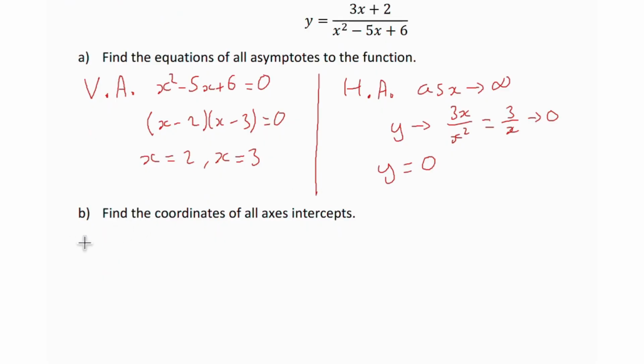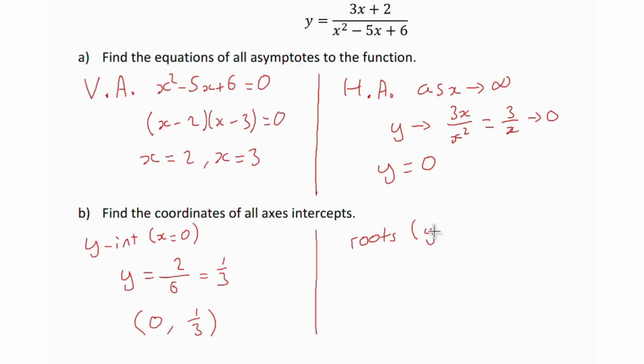The coordinates of the axis intercepts, let's do the y-intercept first. That is when x is equal to 0. So we get y is equal to 2 over 6, because all the x bits cancel out, so that's 1/3, which means our y-intercept is (0, 1/3).